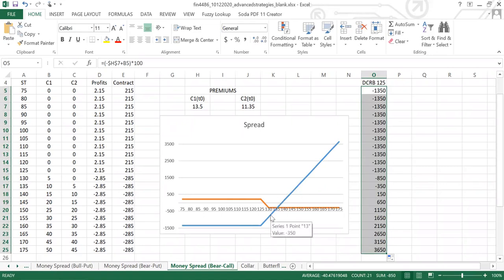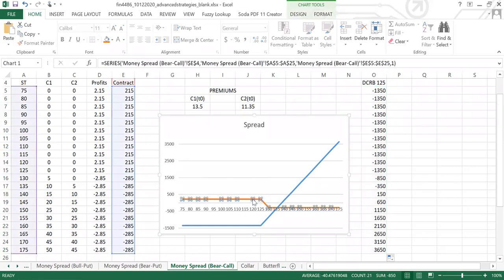This is a bear spread, so keep in mind, in a bear spread, you have much lower losses than if you're investing in a call or in a put option, but you also have more limited gains. And once again, it's also the opposite directions. If you invest in a call option, you're gaining when the stock price is moving up.